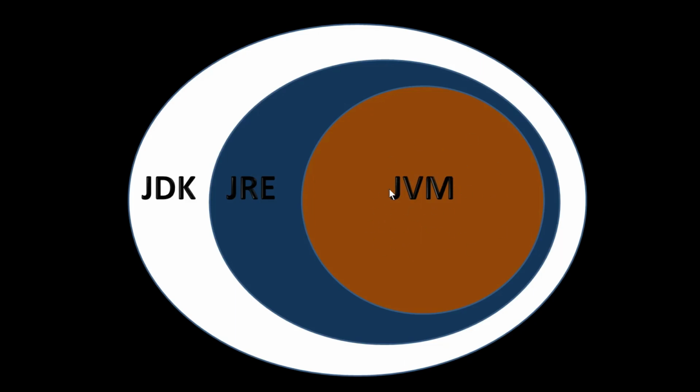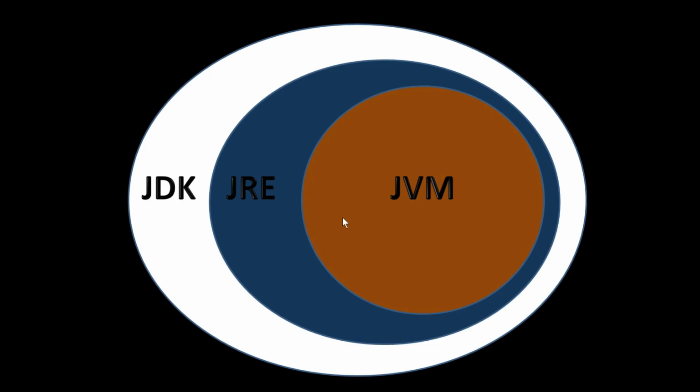So the JDK contains the JRE and the JVM, and also the JRE contains the JVM. This is why I said any device that has a JVM can run Java programs.